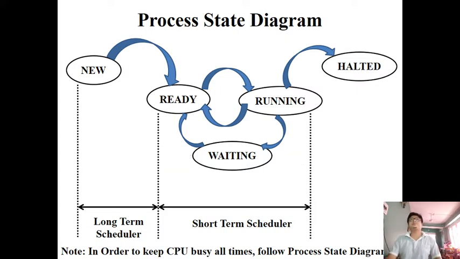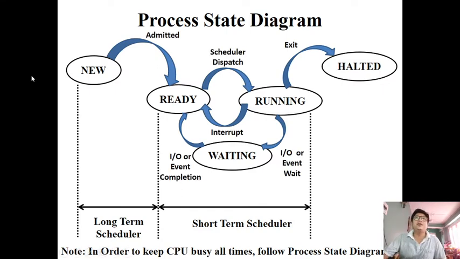Now, whenever I transfer a job from the new state to the ready state, I admit it into the ready queue. From the ready state, the short-term scheduler, with the help of the scheduler dispatch, transfers a job from the ready queue to the running state, changing the state of the process from ready to running.